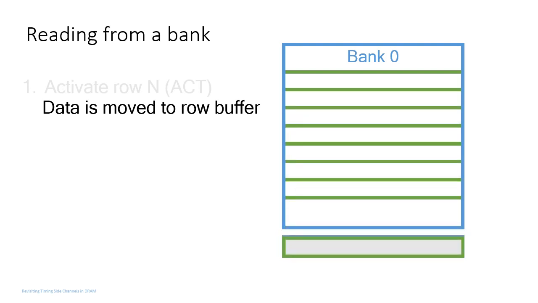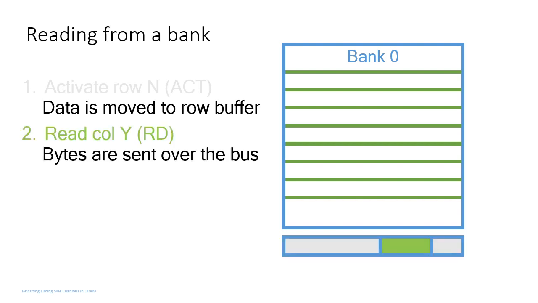The contents of the row is copied to the row buffer, and once that has happened, the memory controller can send a read command to read a particular set of columns from the row buffer, and then the DRAM will send those bytes over the bus in a reply like that.